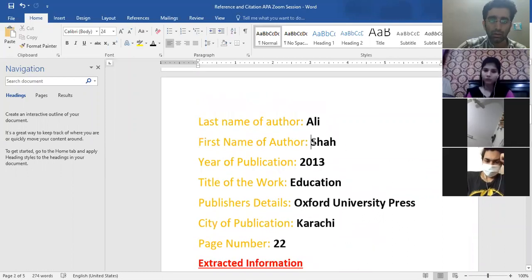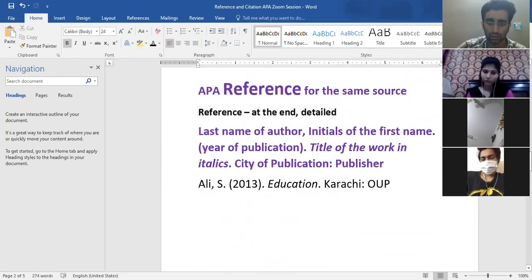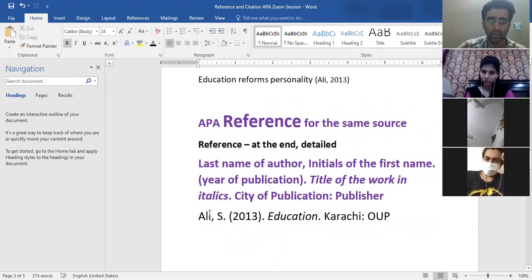S से. Sure. तो आपने यहाँ पे S लगा दिया. Yeah. So you put S. Ali, comma, S. फिर as usual, the last name, the date of publication, that is 2013.